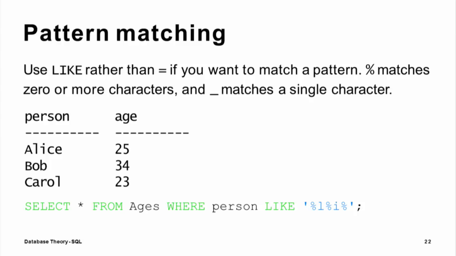So what you have here is a construct that says that if you have a person that has first an L somewhere, then later on in that name there's an I, and whatever comes after that is not especially interesting, then you have a match. So Alice is valid here, Bob is not, and Carol is not.